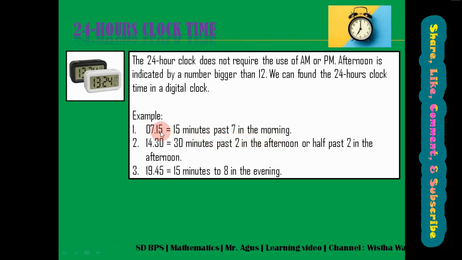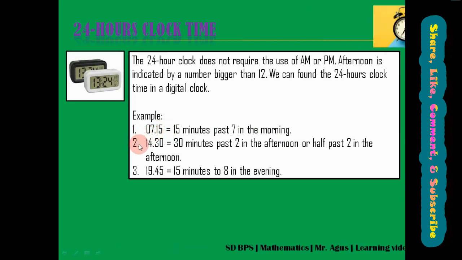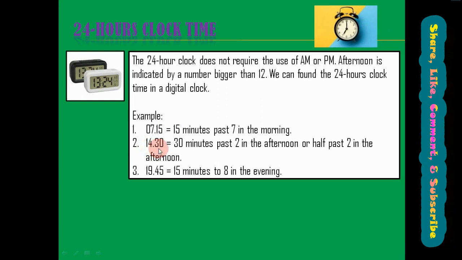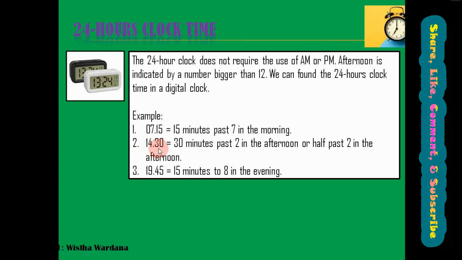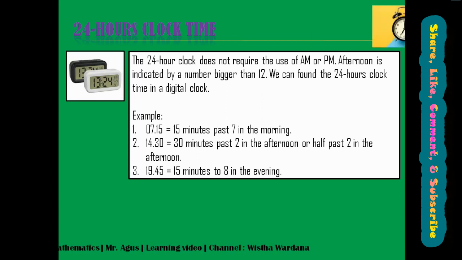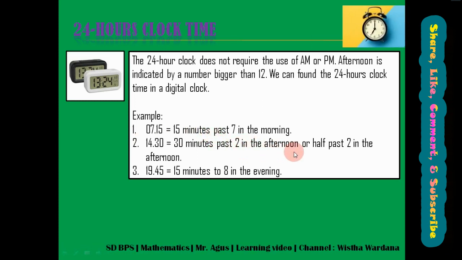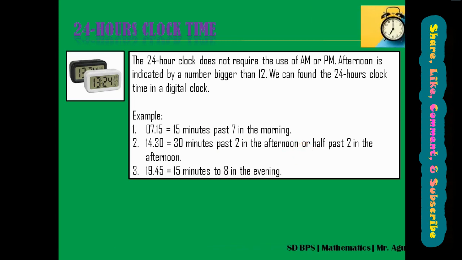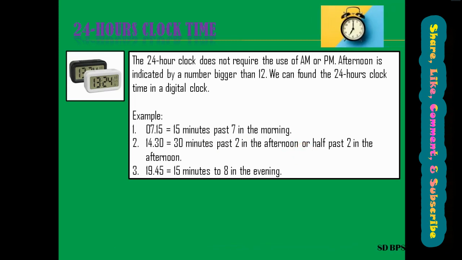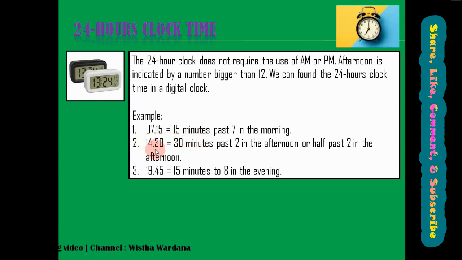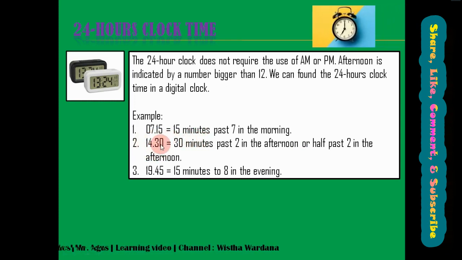And number 2, we have 14:30. 14:30 means 30 minutes past 2 in the afternoon, or you can say half past 2 in the afternoon. Why can we know this time means afternoon?